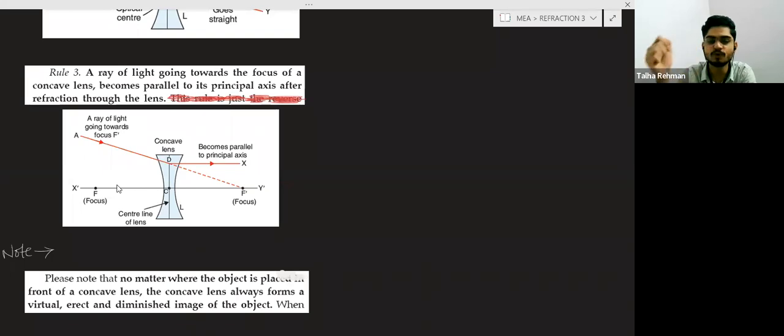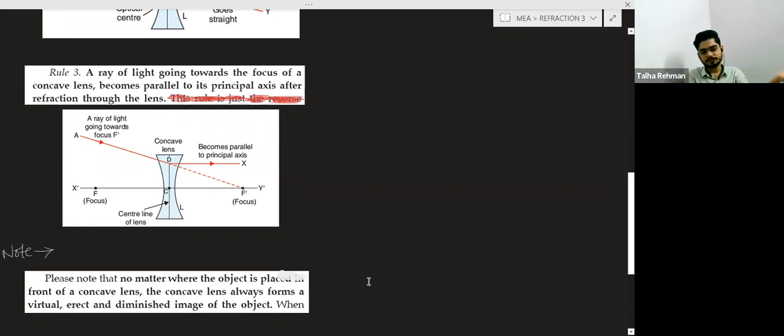Diminished means smaller than the object. So no matter where you place your object in front of the concave lens, you will always get the virtual, erect and diminished image.